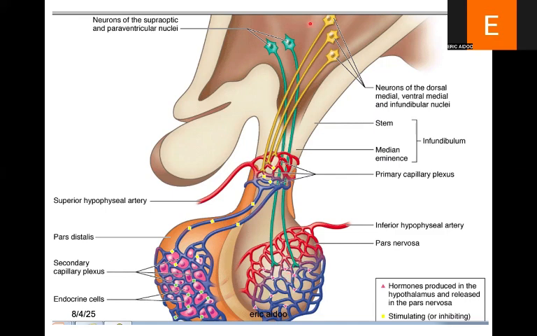But in this parvicellular system, the nuclei will release, and then the substance is carried along the axon. Then it is given to the blood vessel before the blood vessel brings it to the anterior pituitary.